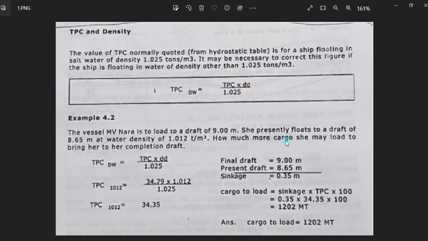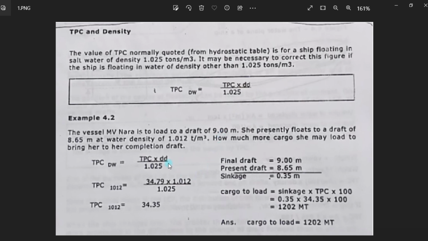And the question is how much cargo she may load to bring her to her completion draft, meaning to gain this 9 meters draft, how much cargo would she load to reach 9 meters.